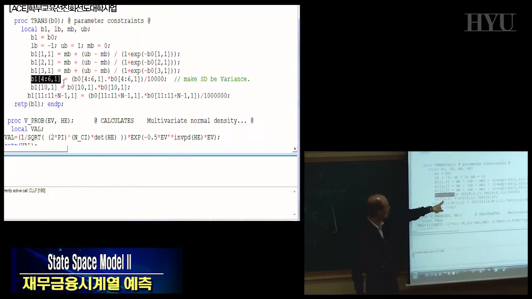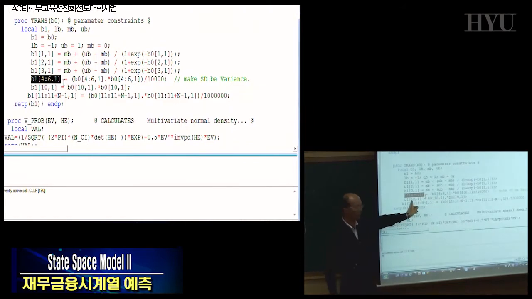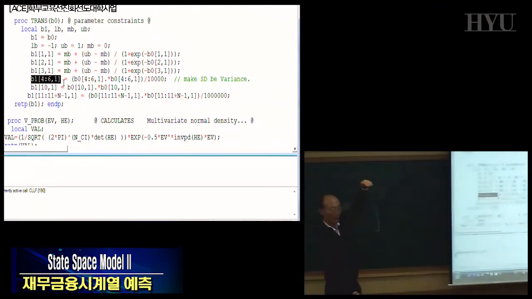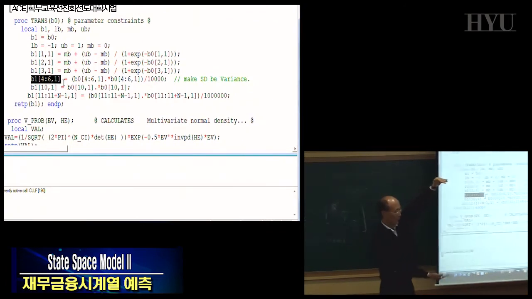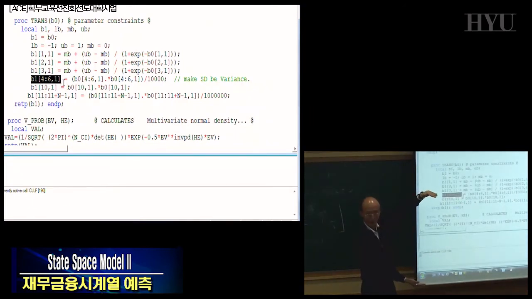Okay, and then I believe the 10th parameter is lambda in the model, and I want to make it positive, so this one. And then we have 12 elements in the vector of spot rates. So it has a 12 by 1 error vector, and it has variances, right?